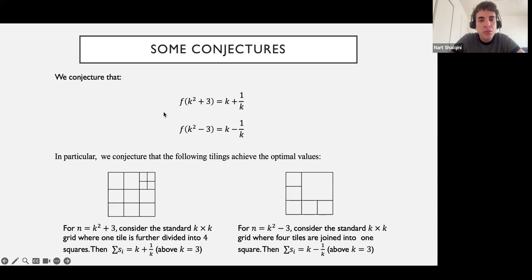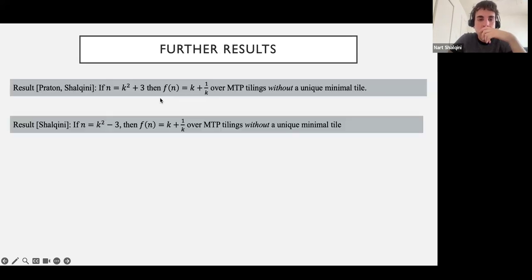So we tried to work on this a little. After some point, we were only dealing with these two cases because we couldn't conjecture a formula for other forms of n. But we did manage to prove these cases in certain instances. So if n is k squared plus 3, then f of n is going to be k plus 1 over k if we consider tilings without a unique minimal tile.